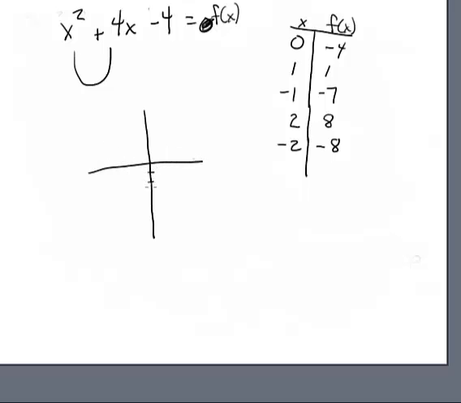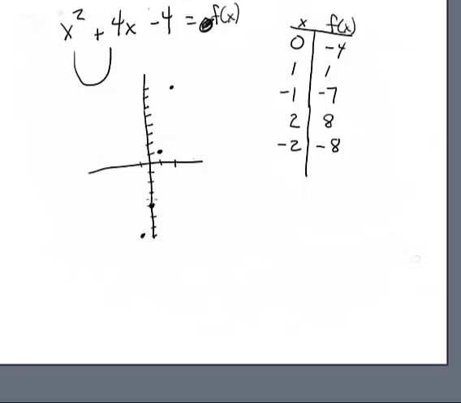0, negative 4, 1, 1, negative 1, negative 7, 2, 8, 2, 8s up here.